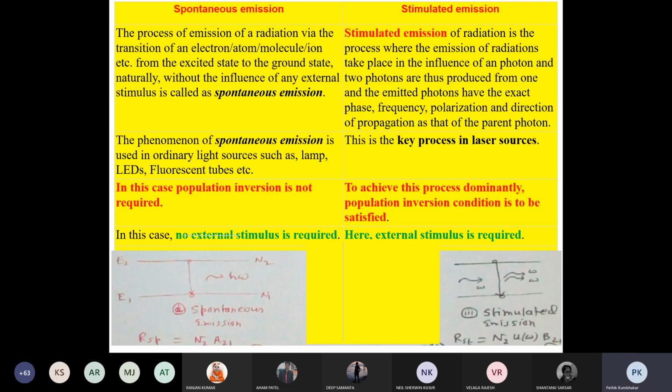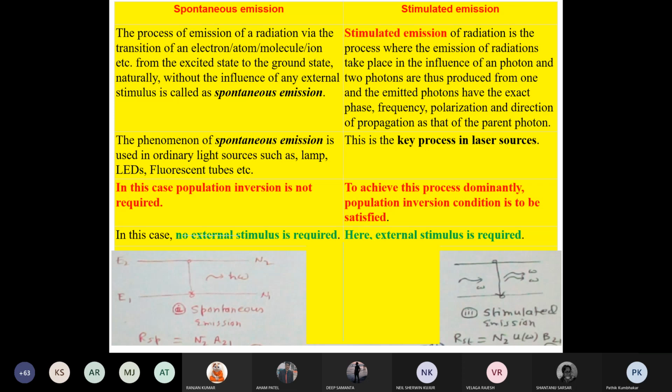This condition is called population inversion, which is not essential for spontaneous emission to be dominant, but for laser sources, for stimulated emission to dominate, the population inversion condition is essential. Obviously no external stimulus is required for spontaneous emission, while external stimulus is required for stimulated emission. Also, the rate of transition is N2 A21 for spontaneous emission, and N2 u(omega) B21 for stimulated emission. So these are the differences between these two processes.